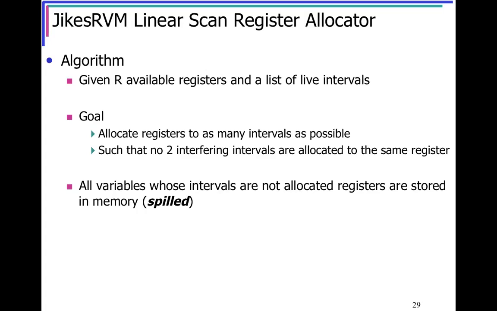The algorithm is given a fixed number of registers and a list of live intervals, and the goal of the algorithm is to allocate registers to as many intervals as possible, such that no two interfering intervals are allocated to the same register. If we have a moment in time where we have too many symbolic registers and not enough physical registers, then we have to spill one of the registers to memory.